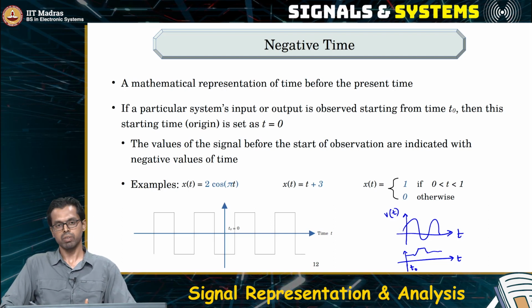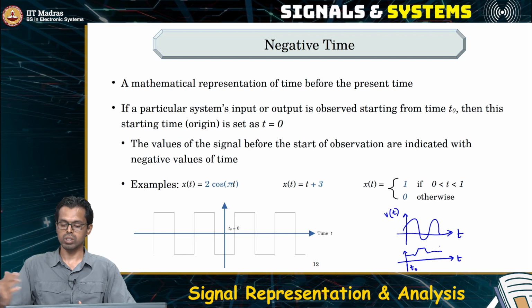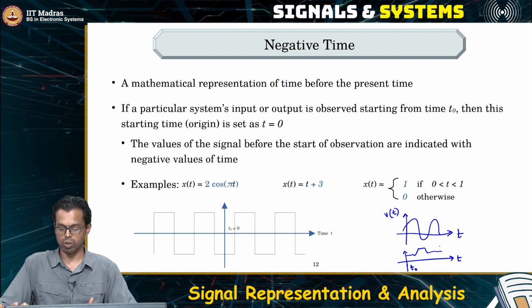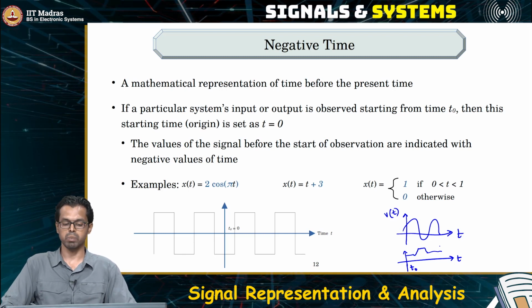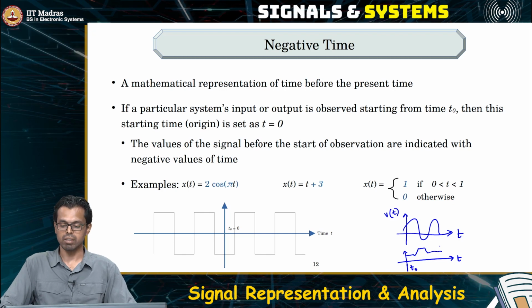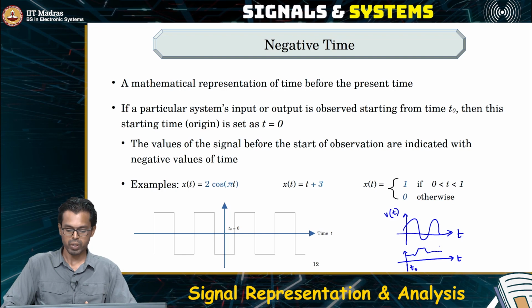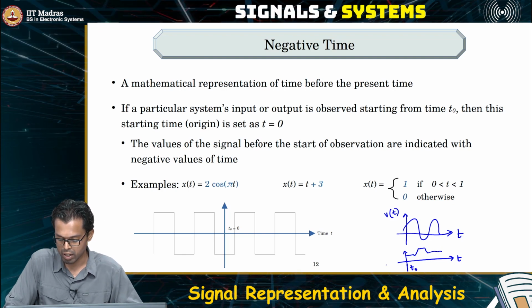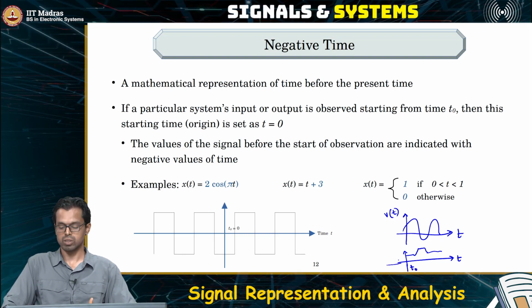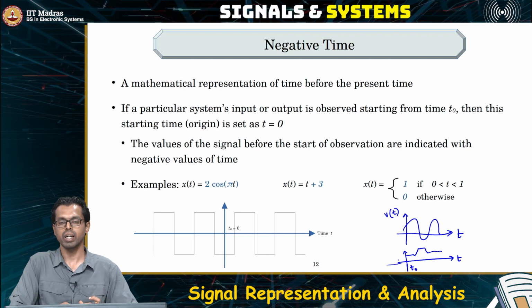But even before I started observing, there was some temperature in this room. I did not know that, but there would have existed something, right? So how do we capture that information in this representation? In order to capture the past, we say that whatever happened earlier, before we started observing, corresponds to negative time.